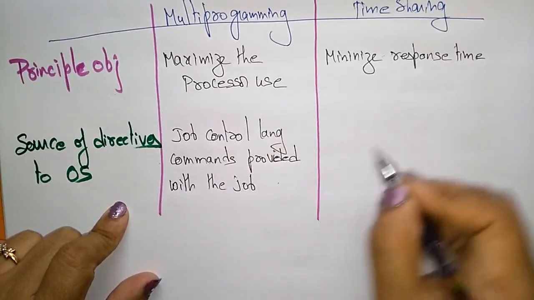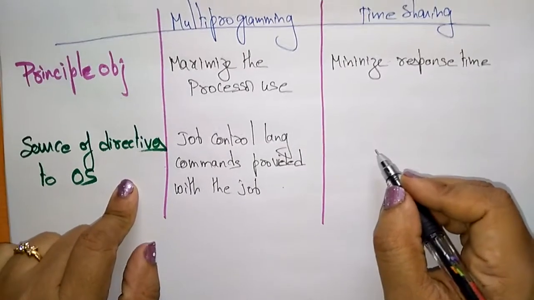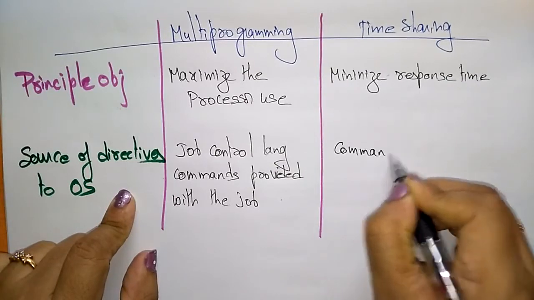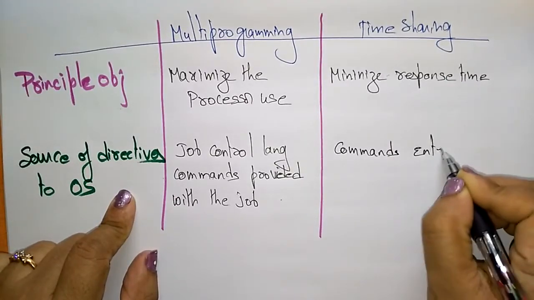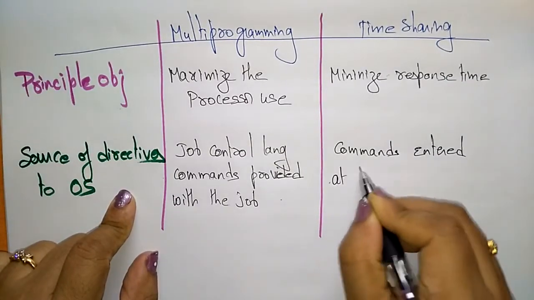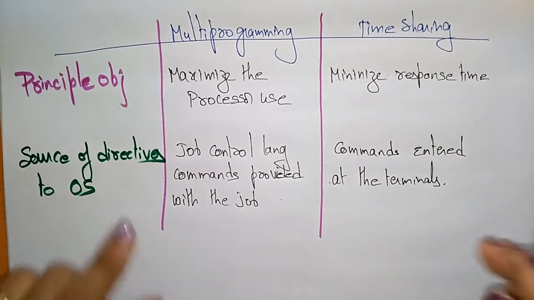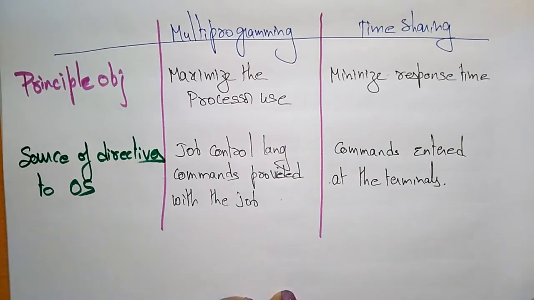Whereas in the time sharing system, the source of directives to the operating system are commands entered at the terminals. This is the main difference between the multi-programming batch system and the time sharing system.